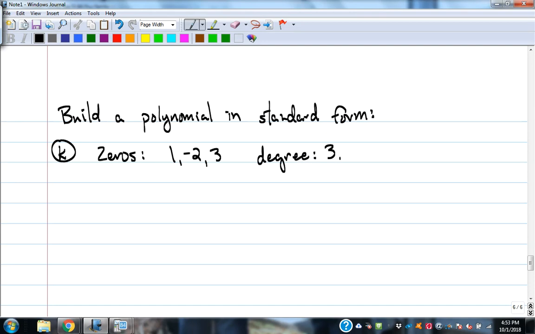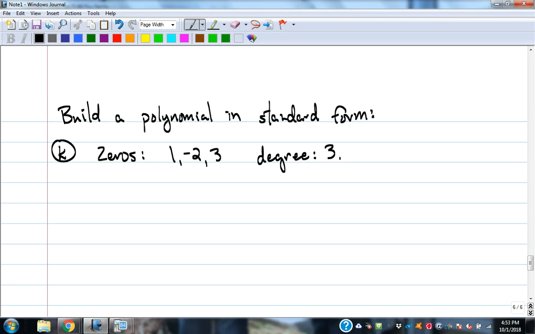We're going to build a polynomial that has zeros 1, -2, and 3, and it has a degree of 3. We've got 3 zeros. It has a degree of 3, so that means we don't have to worry about multiplicities on this one. If we do have to worry about multiplicities in this type of problem, they're going to tell us, and we'll do an example of that in just a second.